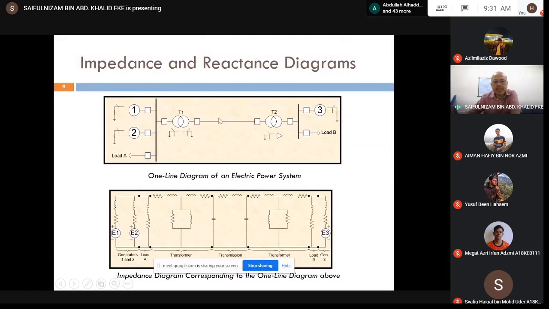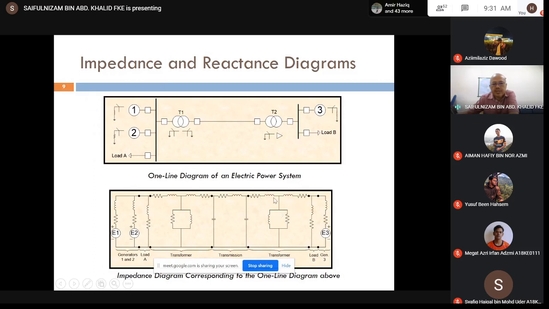Now we have a transmission line. The transmission line is represented by a nominal pi equivalent circuit. And again, this is the transformer T2, represented by its equivalent circuit.